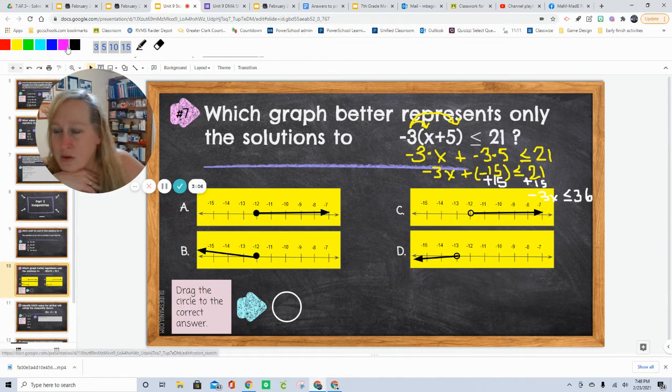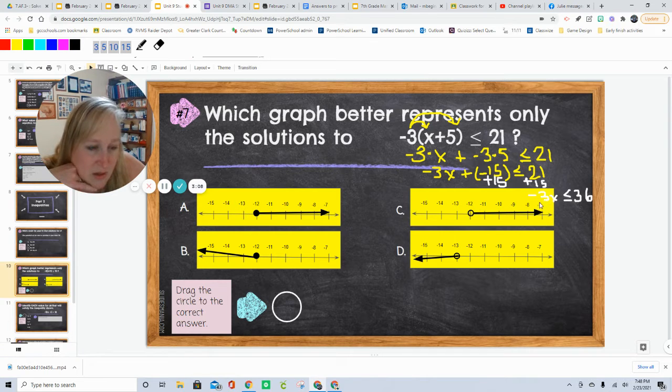All right, now, hopefully we can read this. This -3 is multiplied, so I'm going to divide both sides by -3. I have to use that inverse operation. Now I divided by a negative, so this has to flip. That will be where a mistake is made. 36 divided by -3 is -12.